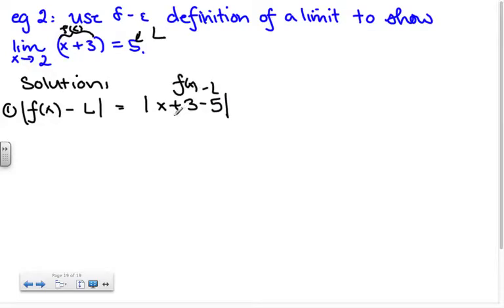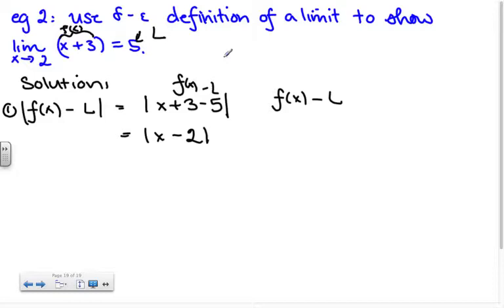Alright? And then what we want to do after that is, of course, simplify it. Since we're all arithmetic majors here, we can say this is x minus 2. Everybody follow how this worked? I first set up the function, then subtract our defined limit, or assumed limit actually.